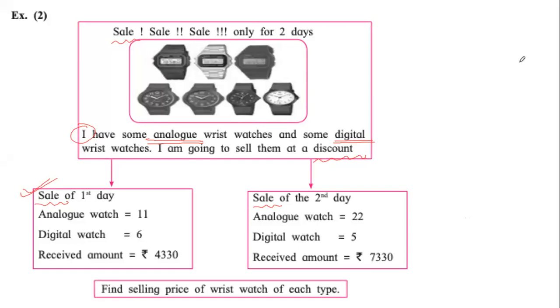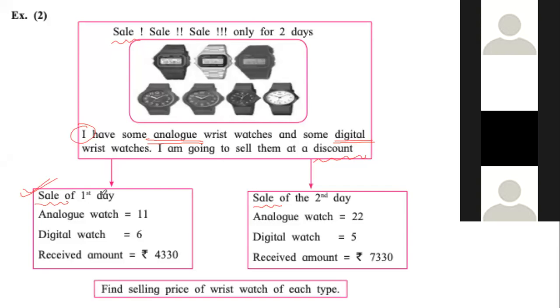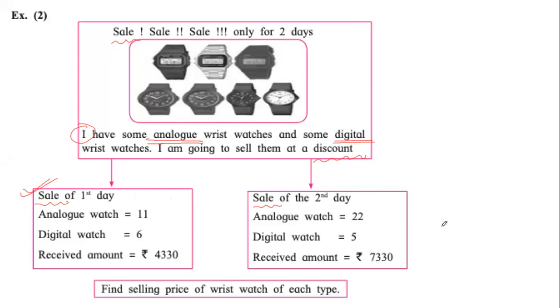Okay. Now, once we have understood that we are dealing with the price here, can you tell me what quantities will be our variables? We need variables for which quantities? We are dealing with linear equations in two variables. That clearly tells us that we will need two variables. So what are those quantities that we need variables for?